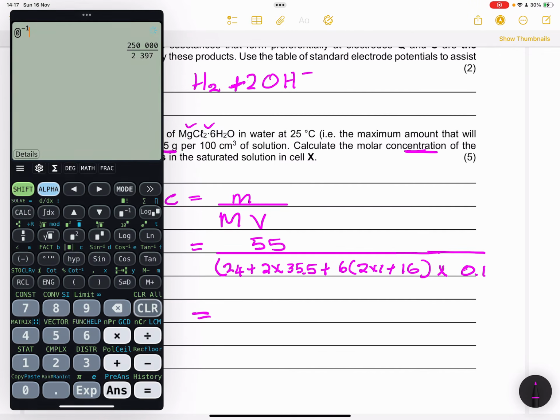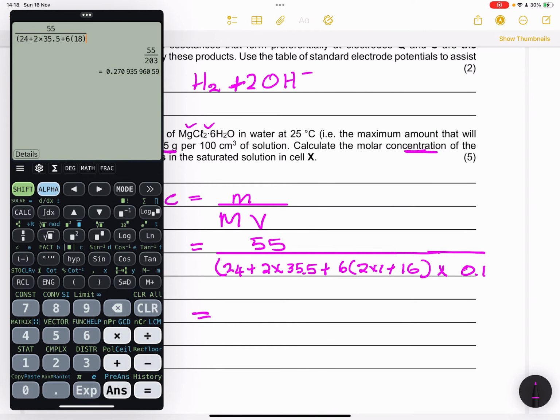Right, now let's go for it. So we've got 55, that's divided by, we've got 24 plus 2 times 35.5. Okay, this is plus 6 times. Okay, I'm just going to add those up together.